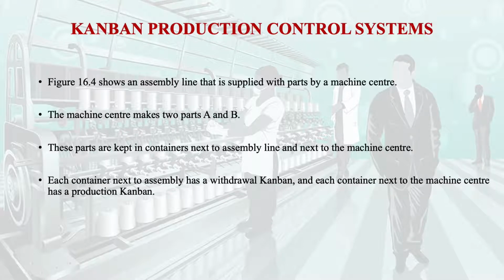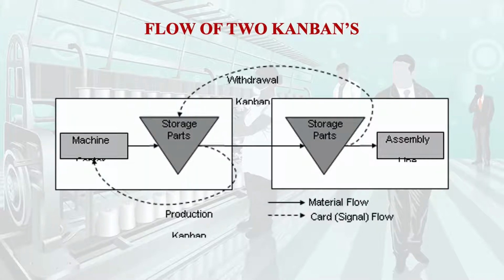Each container next to the assembly line has a withdrawal Kanban and each container next to the machine has a production Kanban. This is called the two-card Kanban system. You have a withdrawal Kanban and you have a production Kanban.